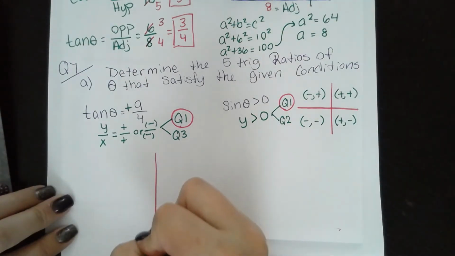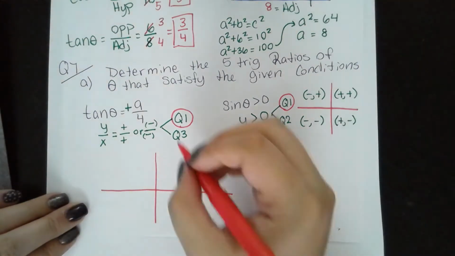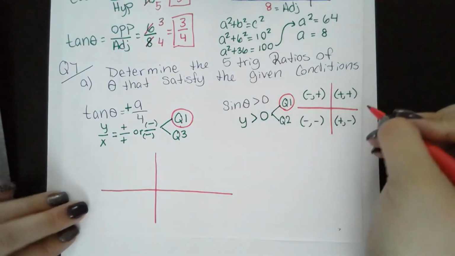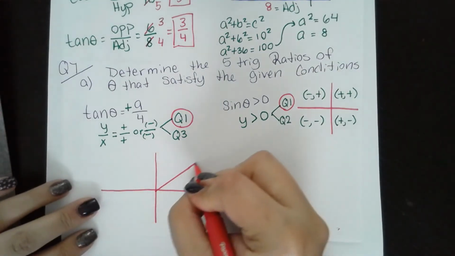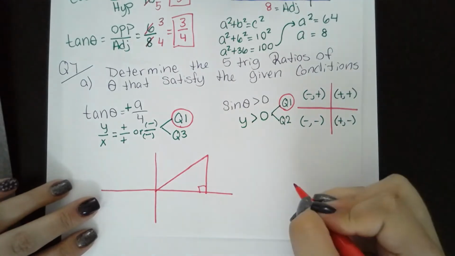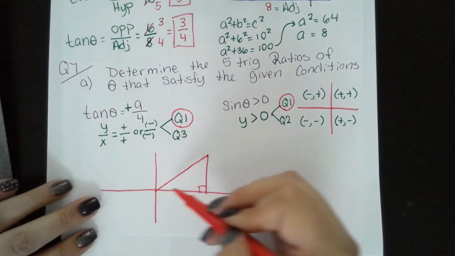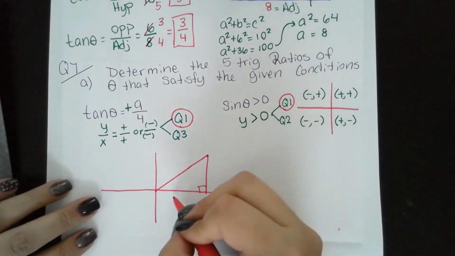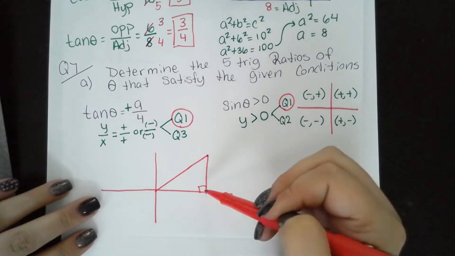I usually like to draw my triangle in the quadrant that we're in. So if we're in quadrant 1, it can't be quadrant 2 or 3 because they don't have anything in common for these two functions. So quadrant 1 is here. That's the right triangle that we're drawing. This is the coordinate in question. How do we get to that? We would take the opposite and the hypotenuse and everything to figure out this triangle.